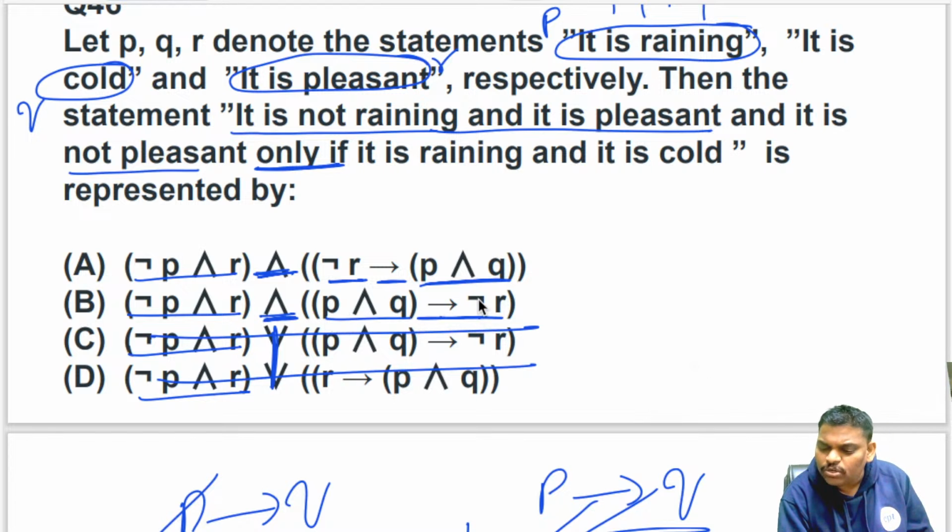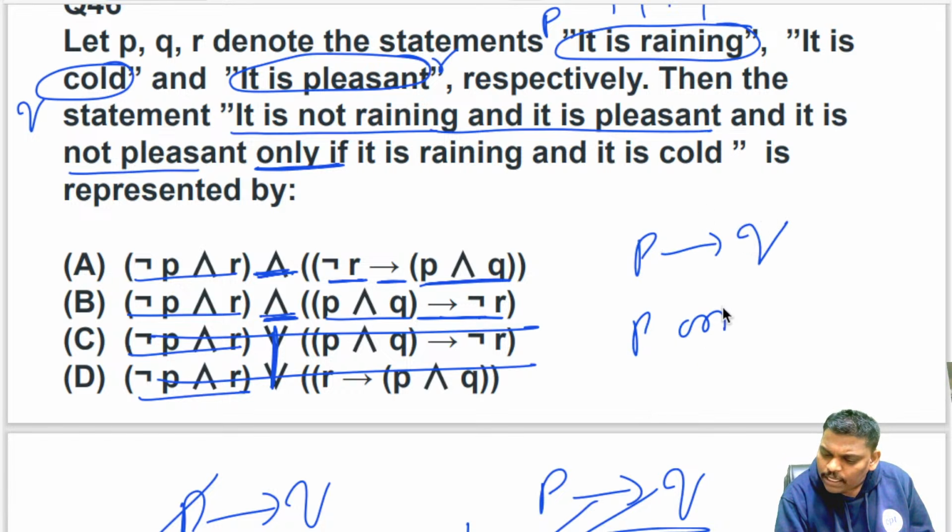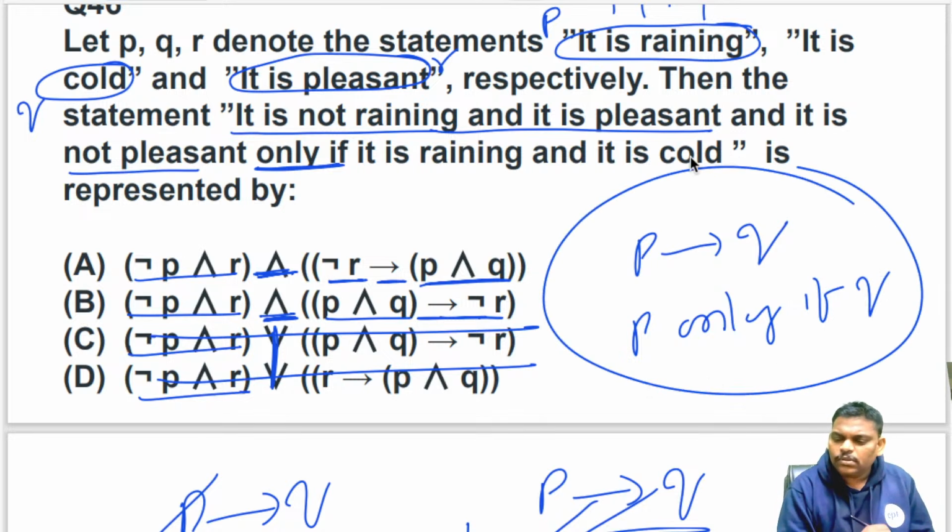This is the only mistake you can make. Remember, P implies Q means P only if Q. And it is not pleasant means negation R, only if means implies it is raining and it is cold.